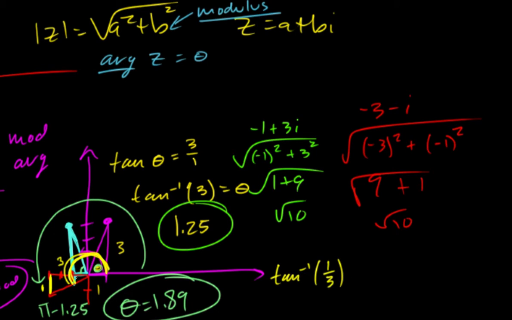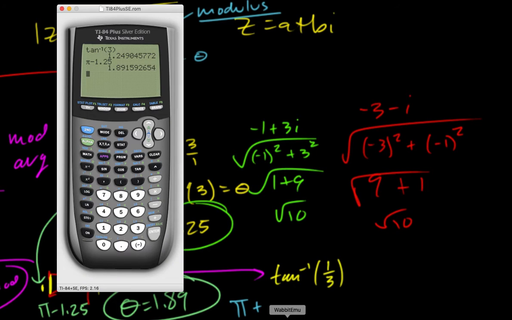And what we're going to do, that's going to give us just the angle from here to here, and so we'll do pi plus that angle. So if we go here, inverse tangent 1/3 plus pi, we're at 3.46.